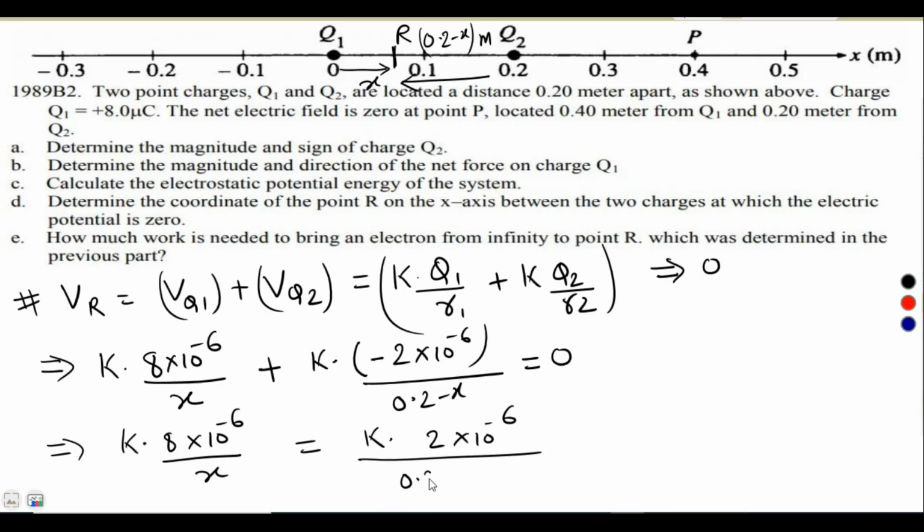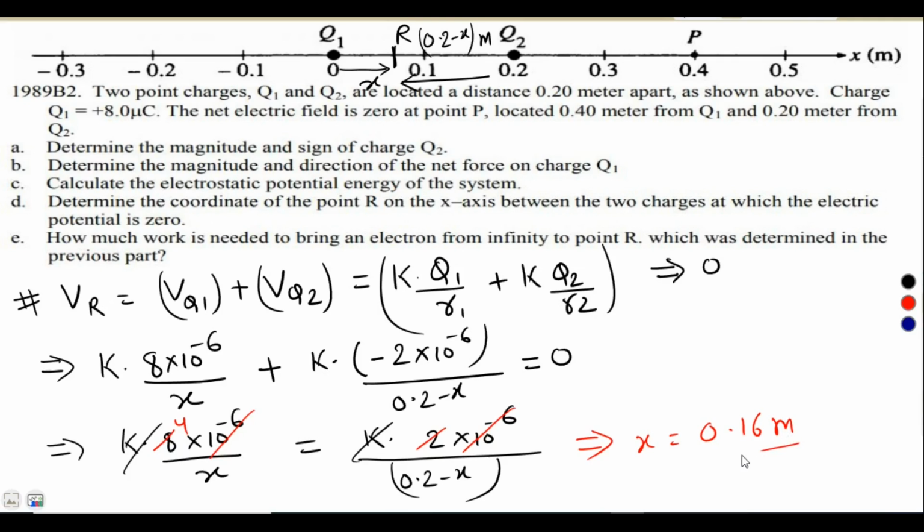Both the k will cancel out, and 10 raised to minus 6 cancel out, 2 say 4 times. So after solving this, we will get the value of x is equal to 0.16 meters, right? This is the value of x.